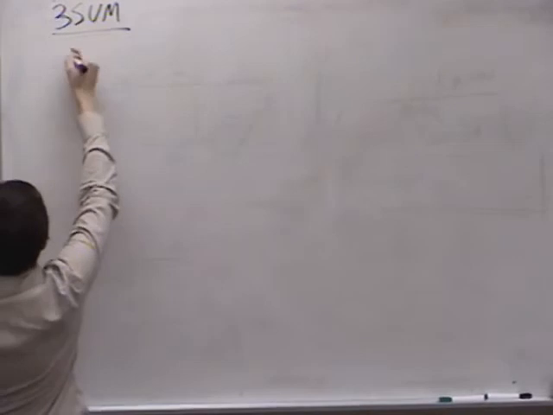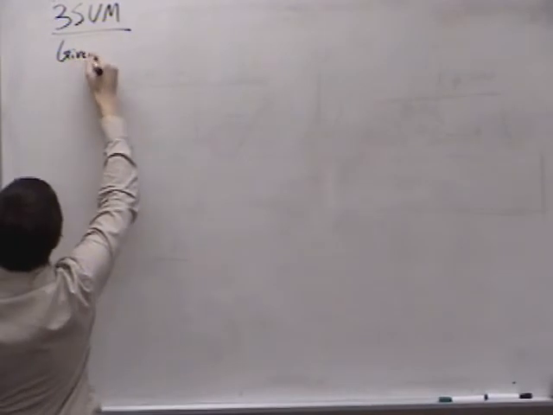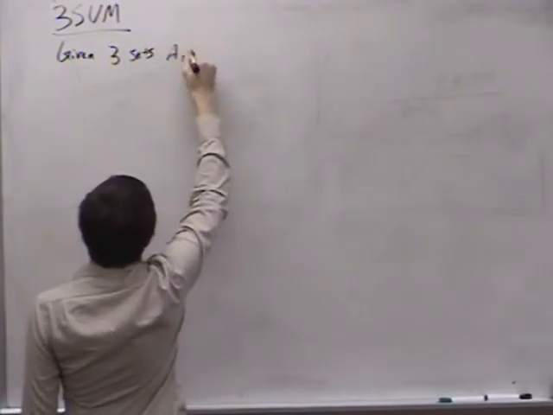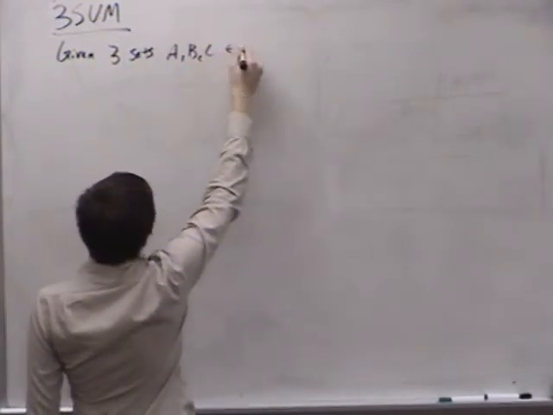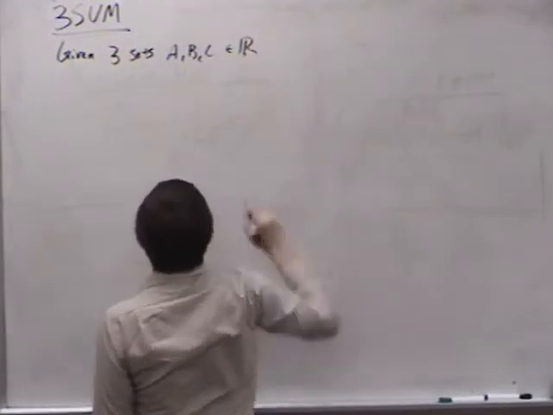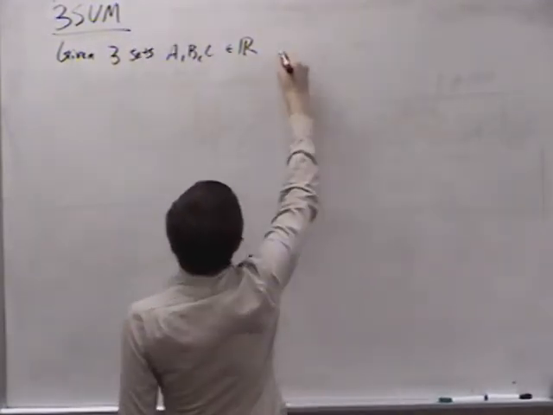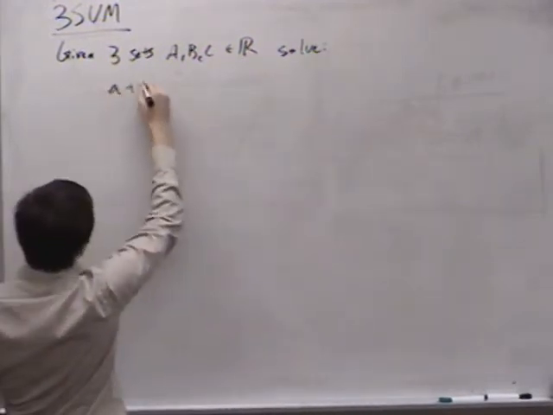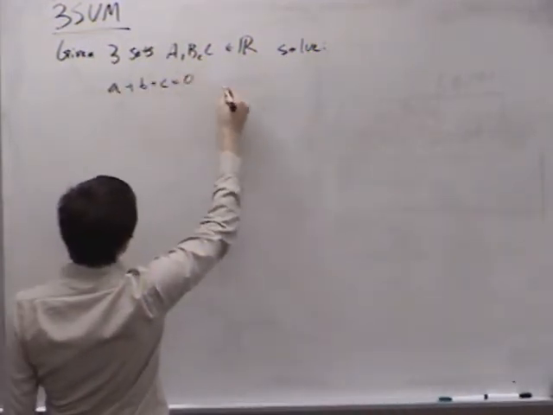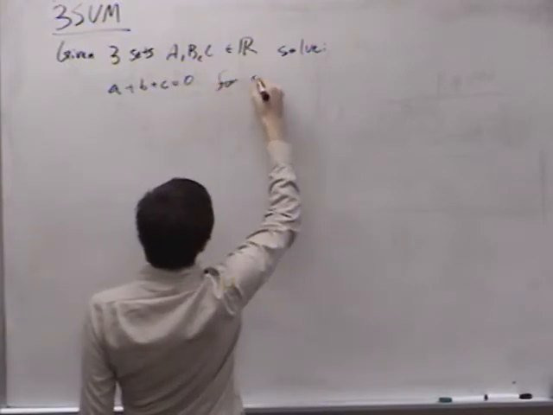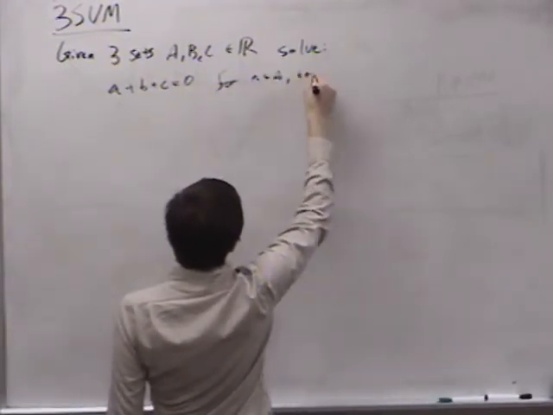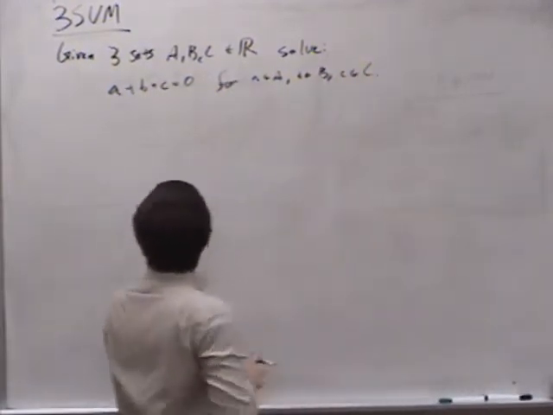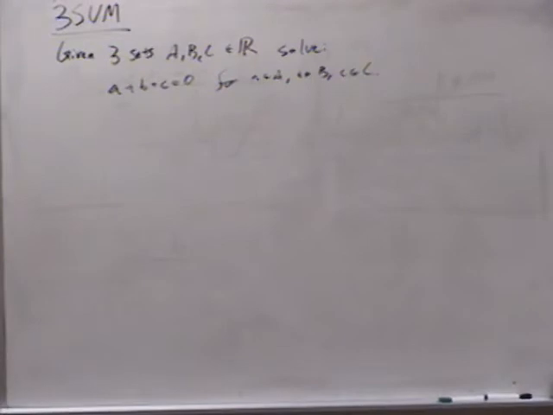All right, so here's the basic idea. We'll say given three sets, A, B, and C, of real numbers, solve the equation A plus B plus C equals 0 for A in A, B in B, C in C. Okay, so that's the three-sum problem.